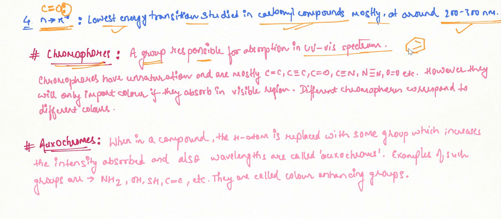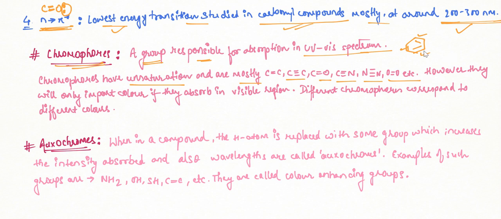Let's say we have benzene. In benzene, the major absorption is because of the carbon-carbon double bonds. Chromophores must have unsaturation, and the unsaturated groups are mostly the carbon-carbon double bond, the carbon-carbon triple bond, carbon-oxygen double bond, carbon-nitrogen triple bond, nitrogen-nitrogen triple bond, and so on.